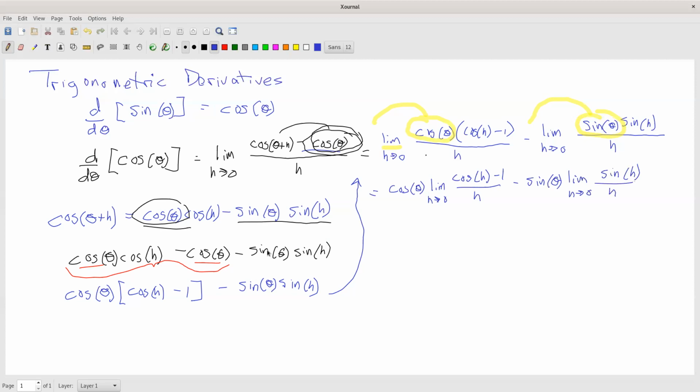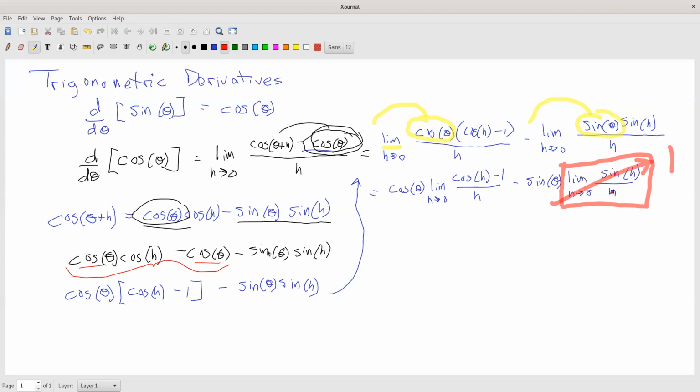And these limits here we've dealt with before. So way back in section, what was this, like 2.3, 2.4-ish, somewhere in there, we found out that the limit of this part right here, sine of h over h as h goes to 0, goes to 1.